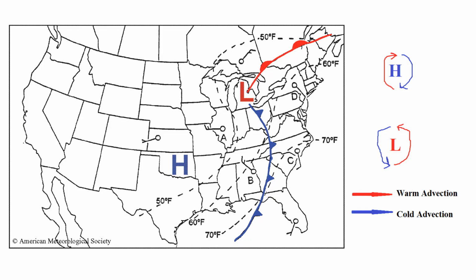And in the introduction section, they give you this nice little, relatively crude map. And I don't want to just give away all the answers here, but I will help walk you through this right now. So the first thing is, if you wanted to identify if a location is experiencing advection or not, what you would do is look at one of these stations, and what I recommend doing is taking that wind barb and looking for the nearest isotherm and identifying if the wind barb is pointing perpendicular at all to it.